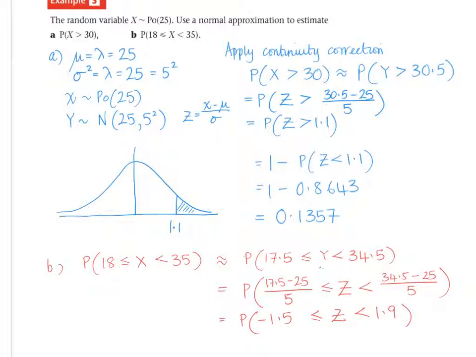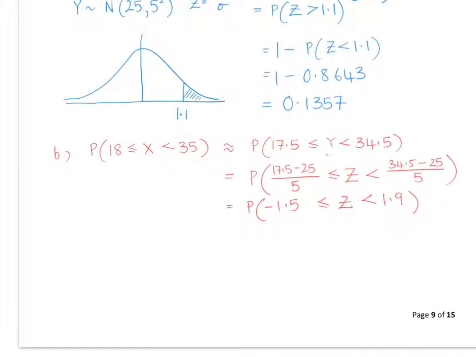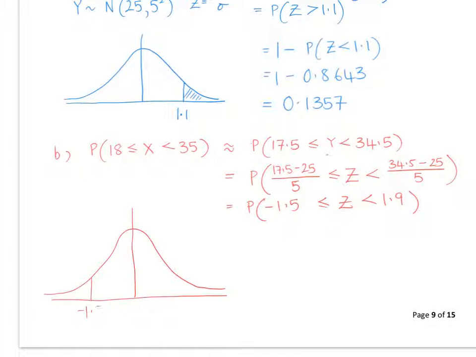Okay, what we need to do now is actually draw the diagram again for the normal distribution. Where is that going to be? So I would always suggest drawing this, so it gives you a good idea what's going on. So minus 1.5 and 1.9. So the area that we require is in there, and the two values from the table that we're going to get there. So it's everything up to 1.9, take away 1 minus everything up to 1.5.